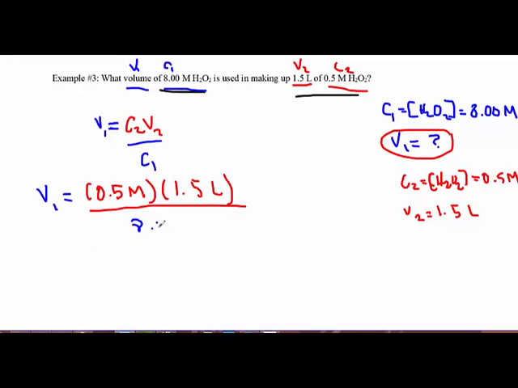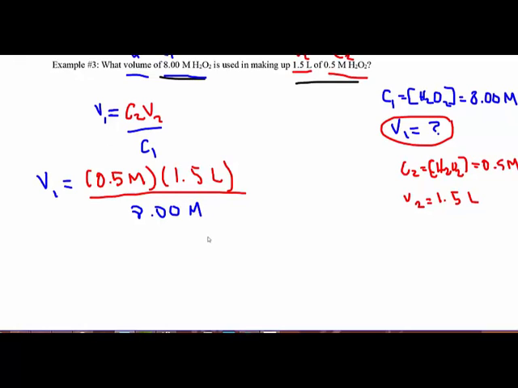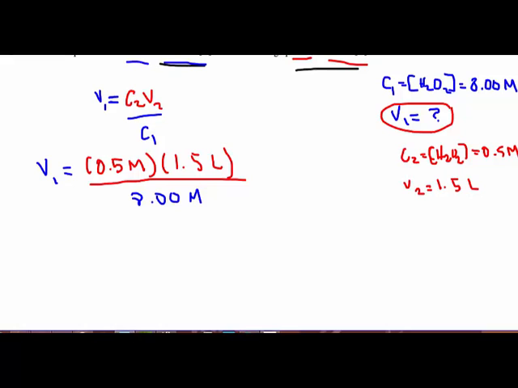Great. So my moles per liter are going to cancel, and I'm left with liters as my unit of volume. And I can go ahead and calculate this out, and it's going to come out to be equal to 0.094. And my units, always using units in our answers, will be liters.